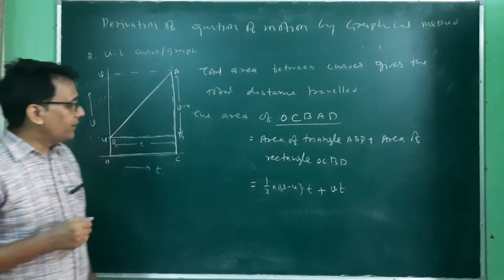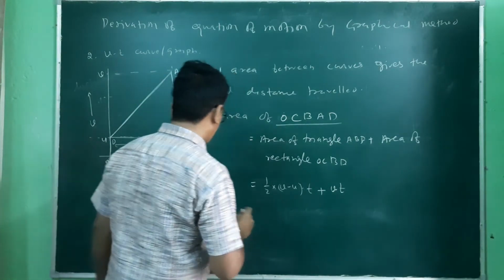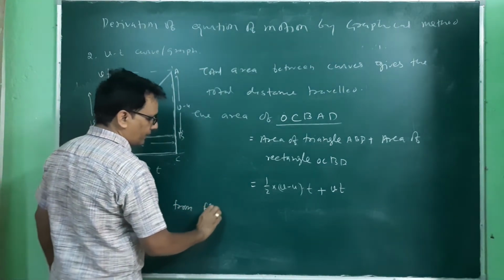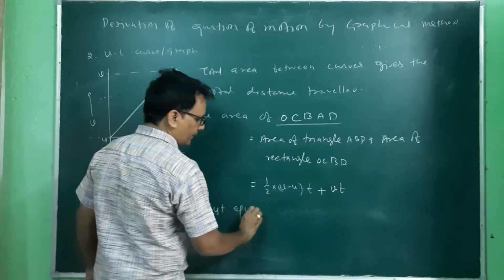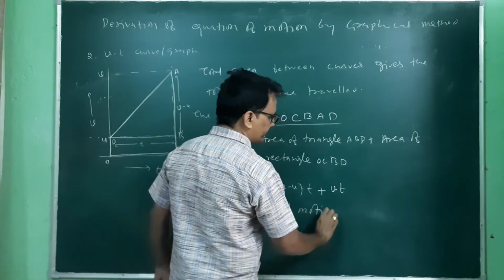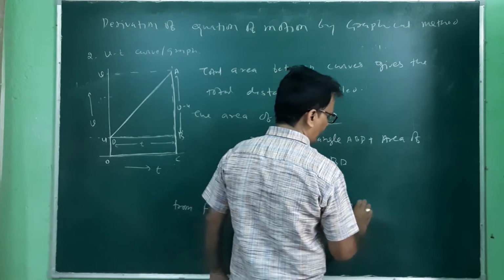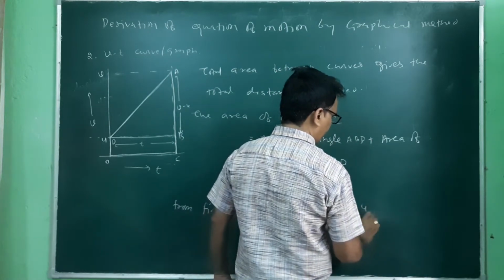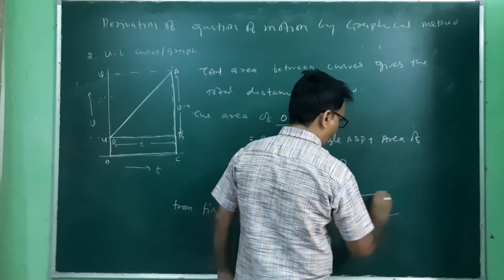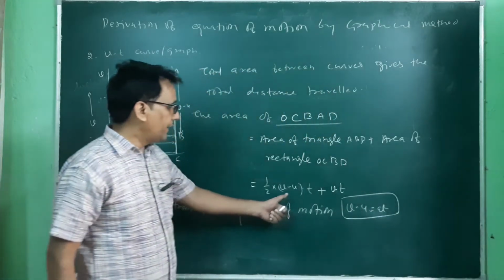Now convert it into the solution. From the first equation of motion, v minus u is equivalent to at. So put at here.